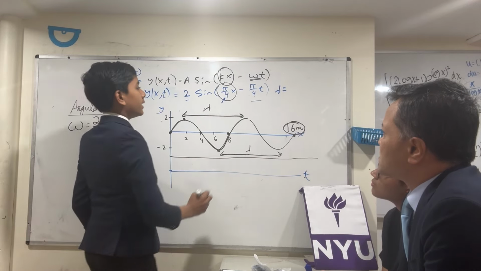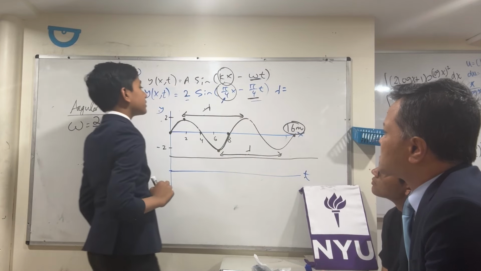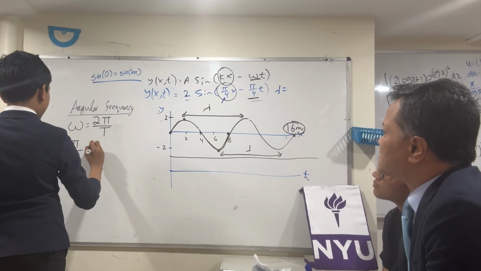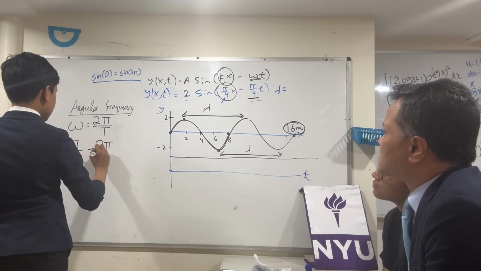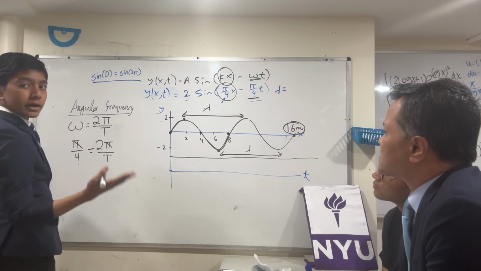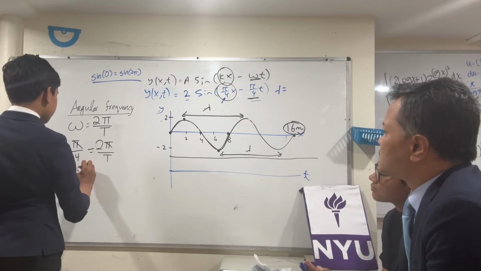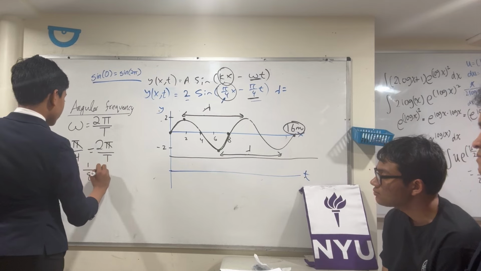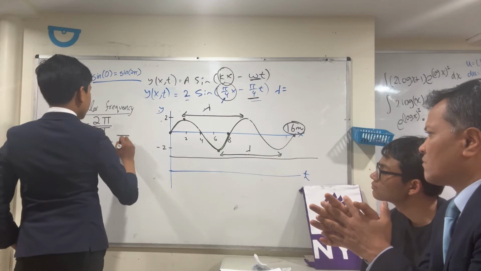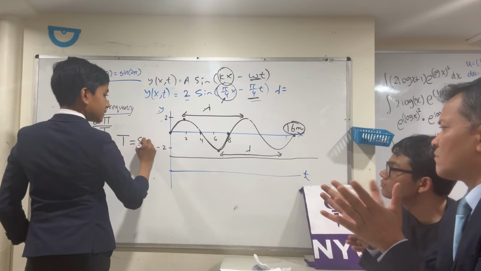Now in this formula, omega is clearly π over 4. So let's plug that in and solve for T. These two cancel. Then we divide by 2 to get rid of the 2 in the numerator. That becomes 1 over 8 equals 1 over T. So it should be pretty clear that T is 8 seconds.